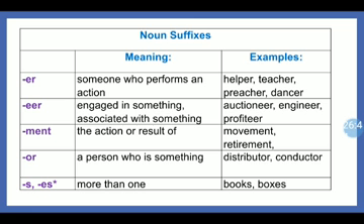Plural. Once you see it, you know that you're talking about plural words. Books, boxes, churches, brushes, etc. Alright, so these are the four that we're looking at as they relate to nouns.